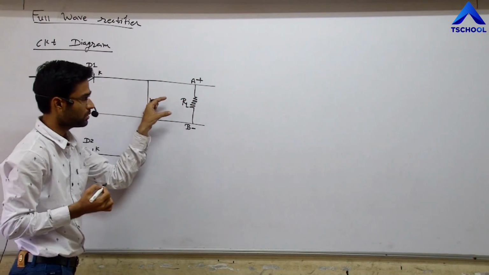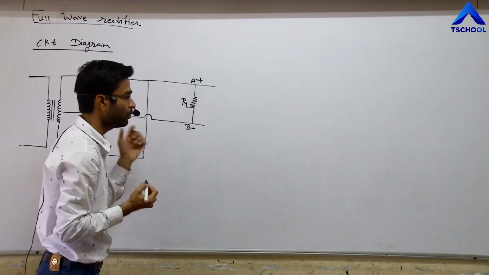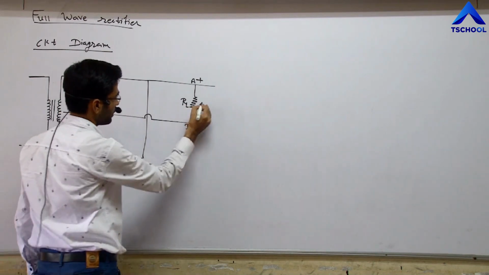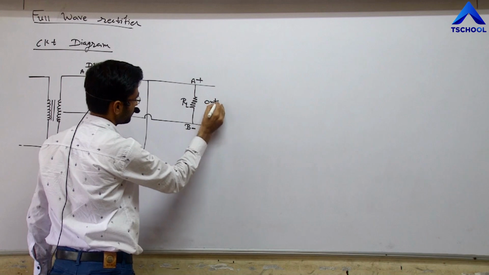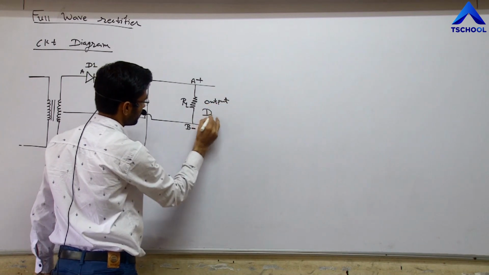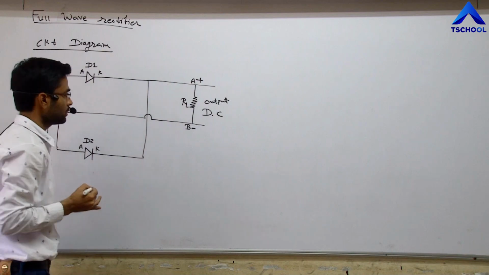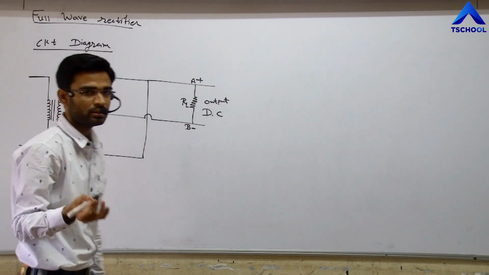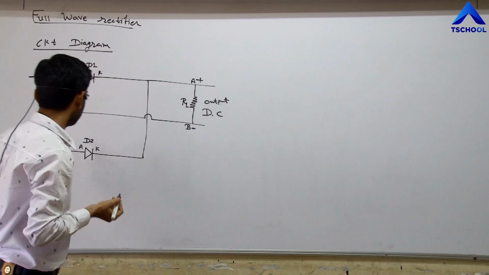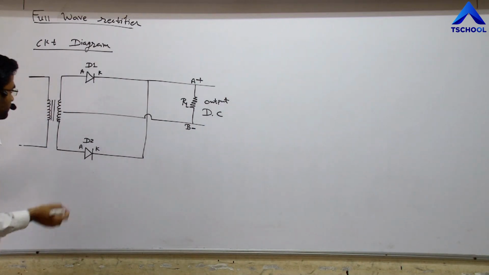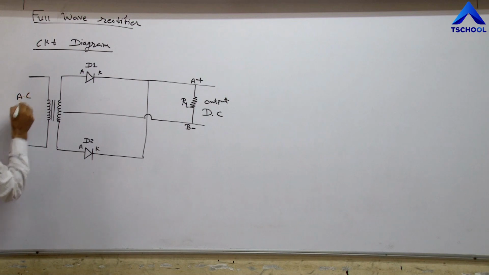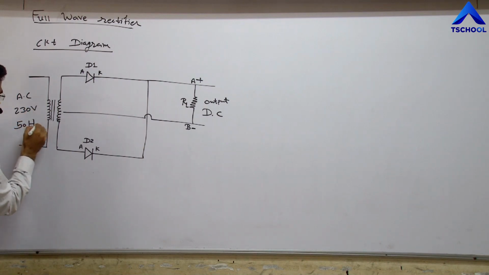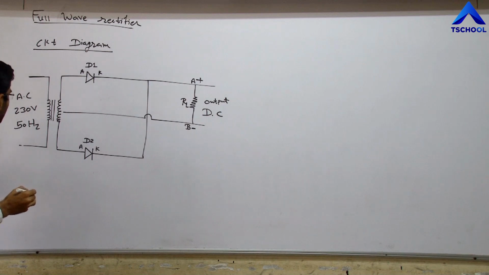From the load resistance we get the DC output of the full wave rectifier, because we have to convert AC energy into DC energy. At the input end is AC of 220 or 230 volt and frequency 50 hertz, the Indian standard frequency decided by our government.